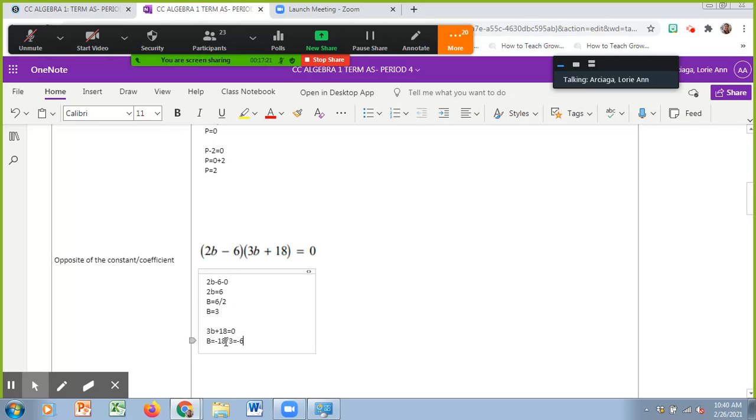That's why we say opposite. And then you divide by the coefficient because we divided by the number that's in front. Is that cool? But if you don't get that, of course, you can always follow this method. Okay, I want to know which one do you understand more, the long way or the shortcut?